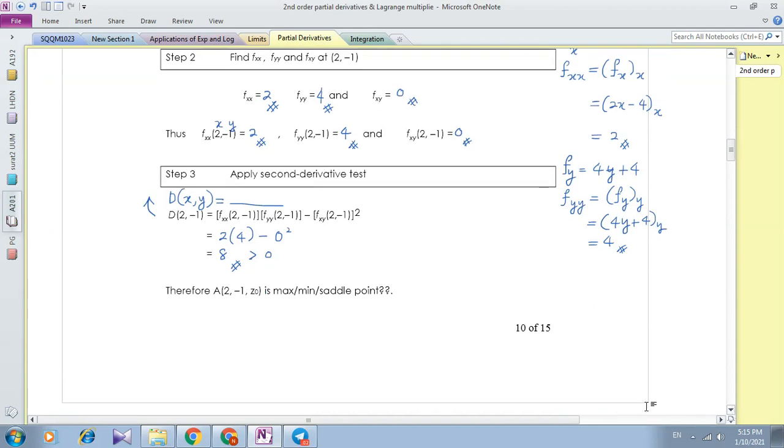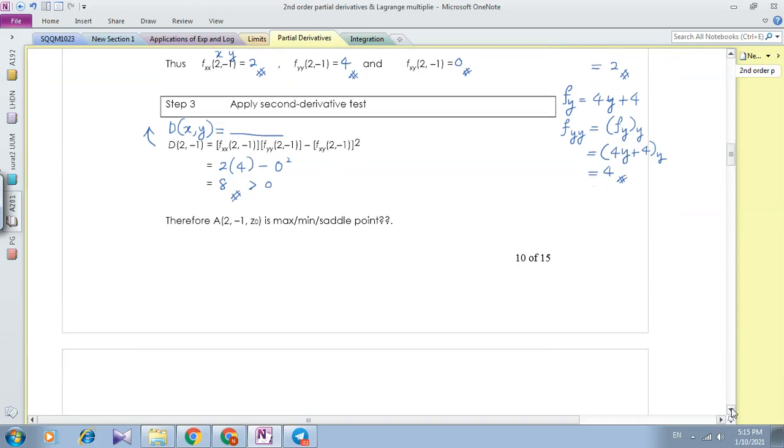Therefore the critical point (2, -1) is a minimum point. So that will be our conclusion.